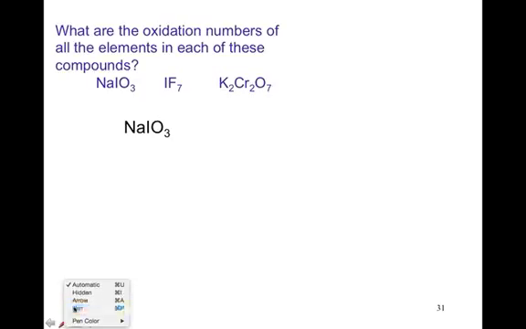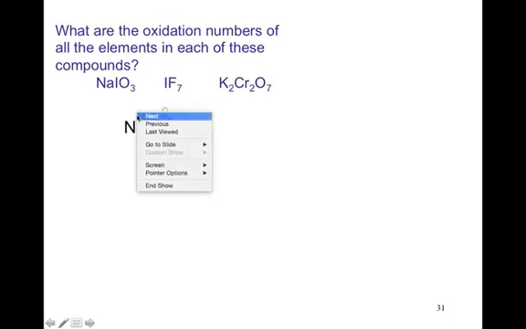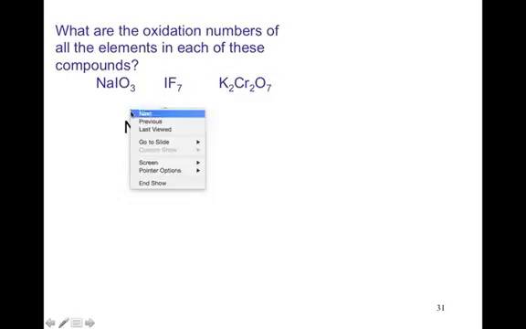So if I were to solve this, which I'm going to try, I would say let's start with oxygen as a -2, because most of the time that's what it is. So that gives me a -6 in here. Now sodium's in that very first group, so I'm going to go ahead and say sodium is probably a +1.